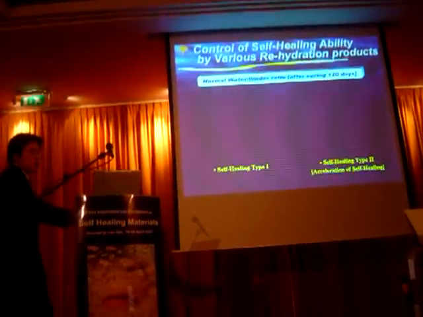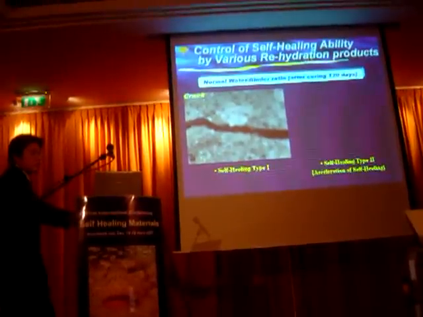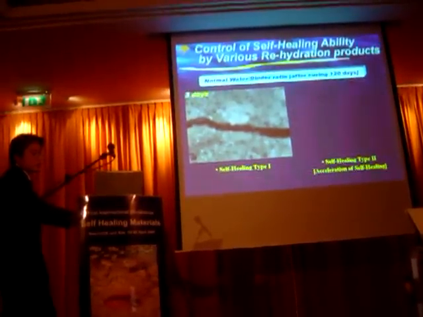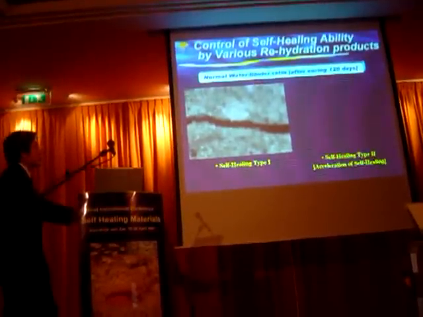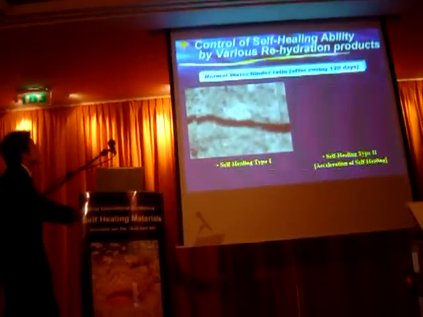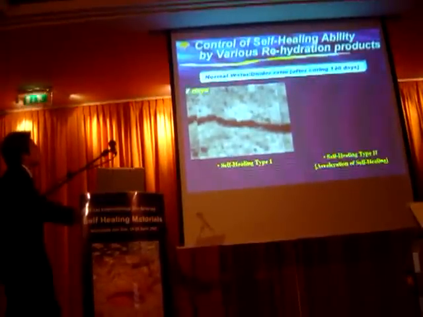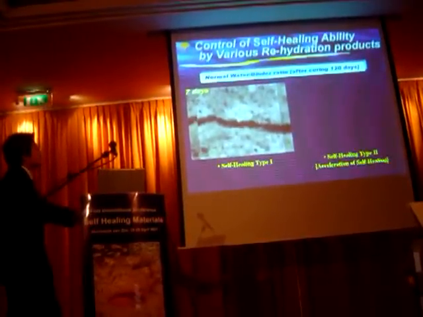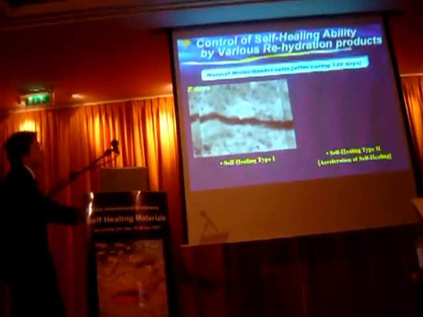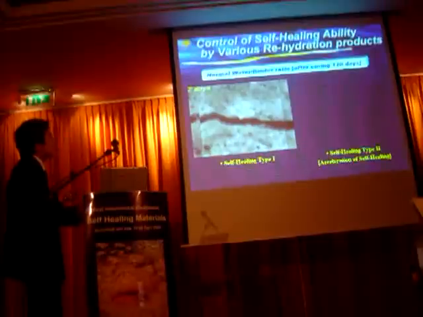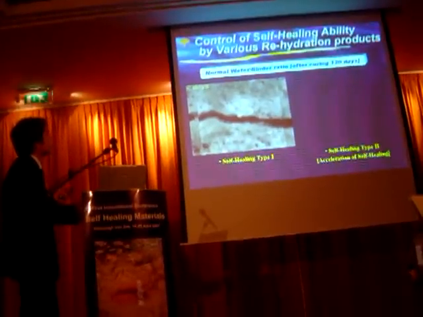So finally, I'd like to show some videos. So how can we control the self-healing abilities by various rehydration products? In this case, this specimen was already cured for 120 days, and then we induced a crack at a low water-to-binder ratio.